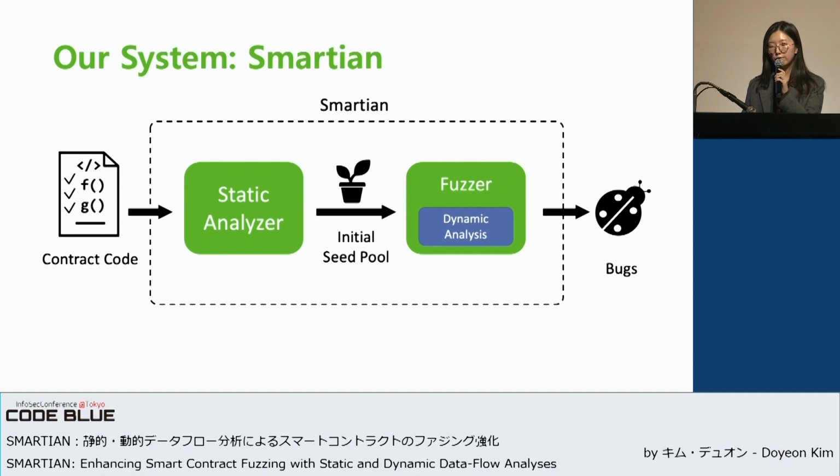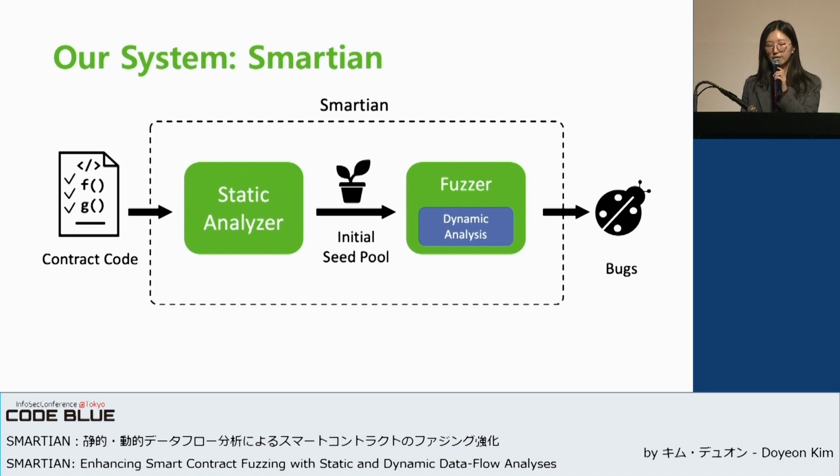Before providing more technical details, I'd like to present the overall architecture of our system, Smartian. At a high level, Smartian takes in target contract code and outputs the bugs found by fuzzing.